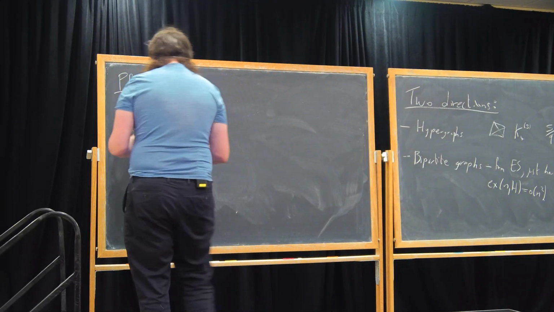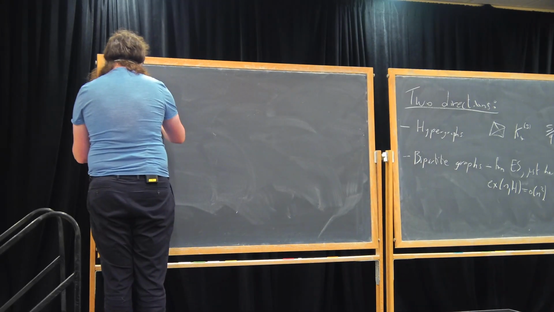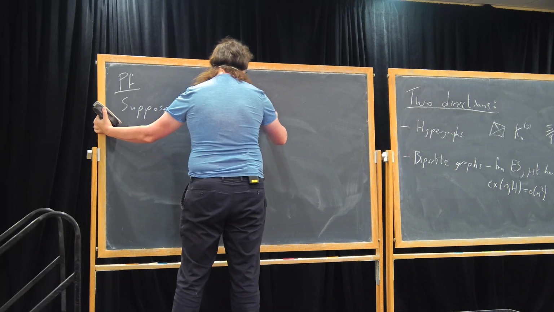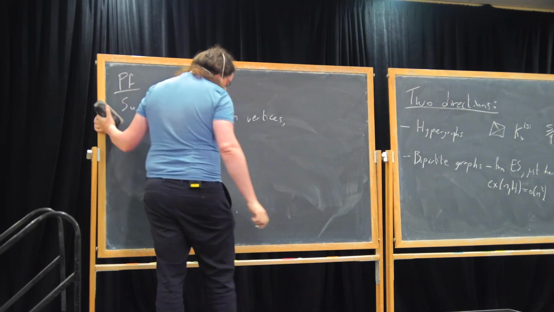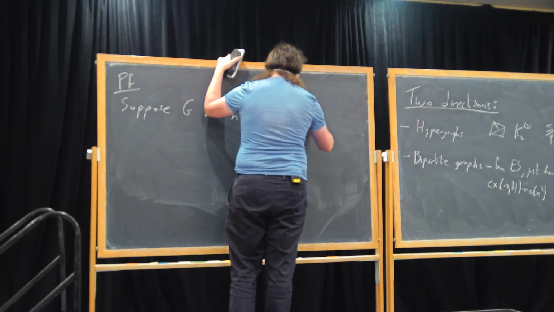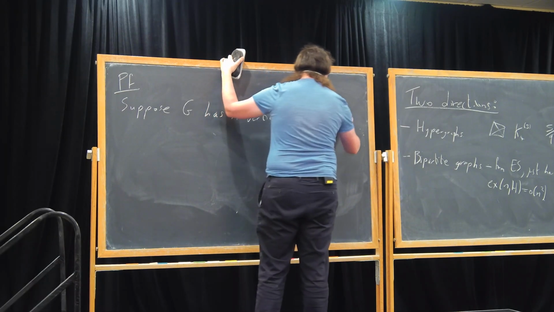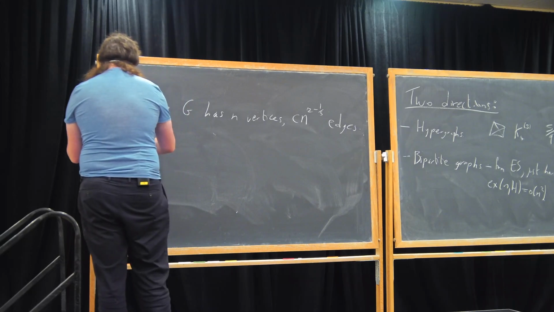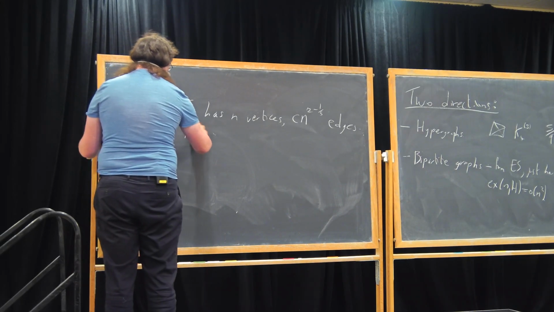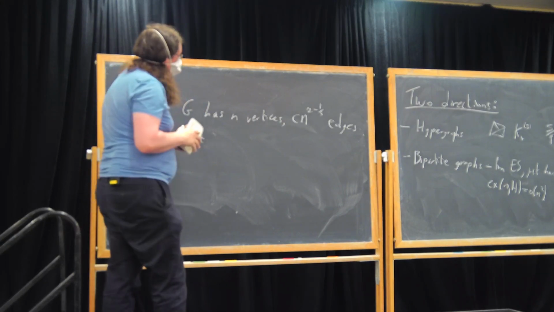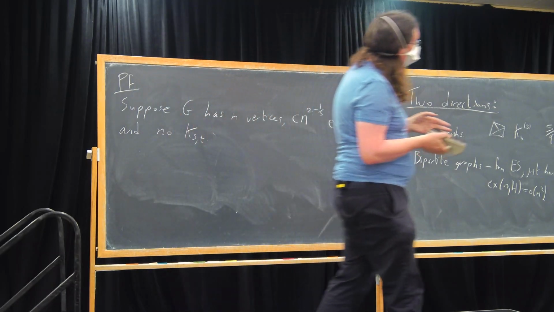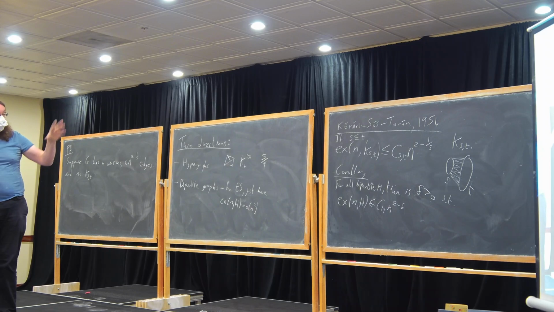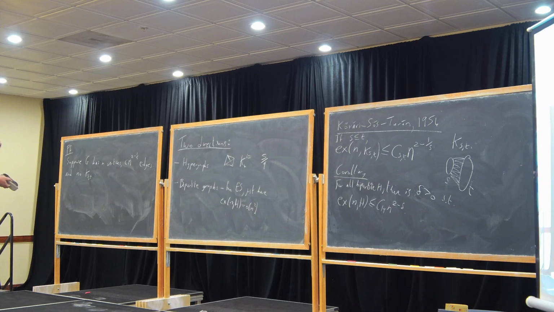So again, suppose G has n vertices, and let's give it C times n to the 2 minus 1 over s edges, and let's suppose it has no K_{s,t}. So we're assuming it contradicts the statement. C is some large constant. If it has that many edges and we're assuming it doesn't contain K_{s,t}, we'll show that it actually does.